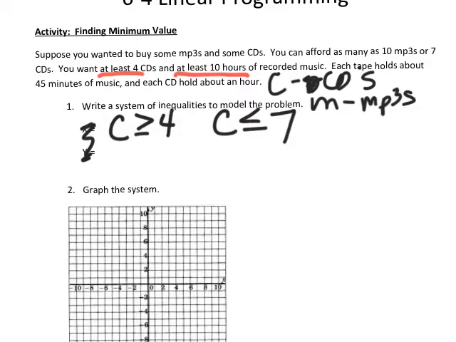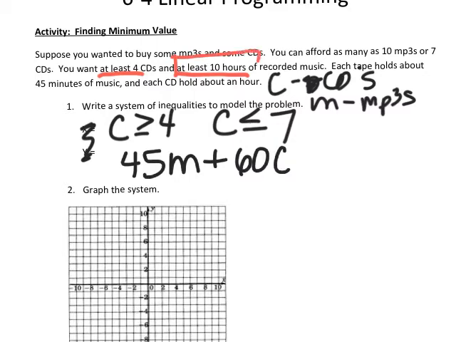But I know that for every MP3 I have 45 minutes of music, and every CD holds about an hour, which is 60 minutes of music. I want that total between the two to be at least 10 hours of music.